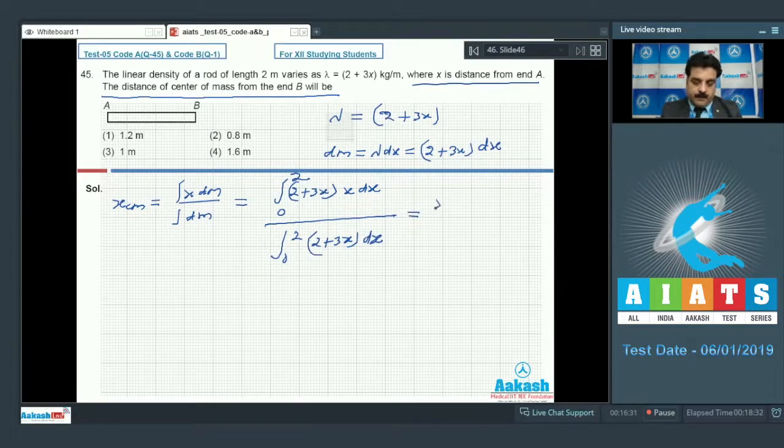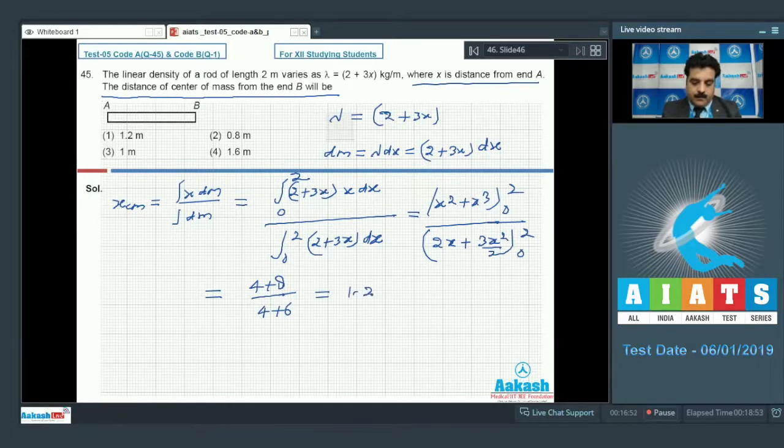So when you integrate, x square plus x cube, limits are 0 up to 2, and 2x plus 3x square by 2, 0 up to 2. When you use the limits, you will get 4 plus 8 upon 4 plus 6. So that will give you 1.2, but from A.